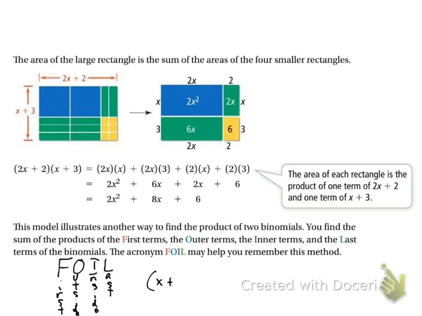So let's say we've got x plus 2 times x plus 3. These two are the first terms. These two terms are the outside terms. These two terms are the inside terms.